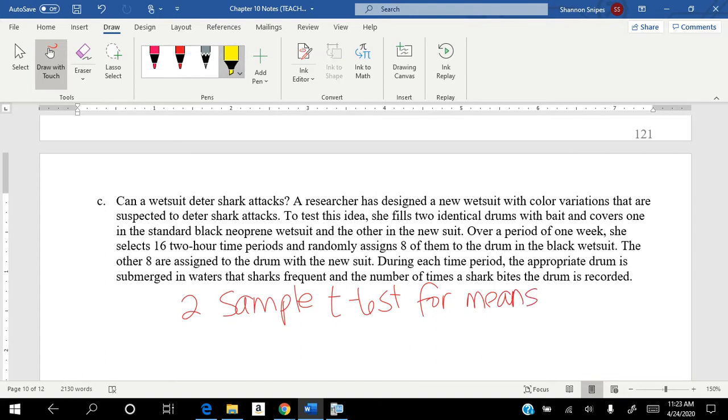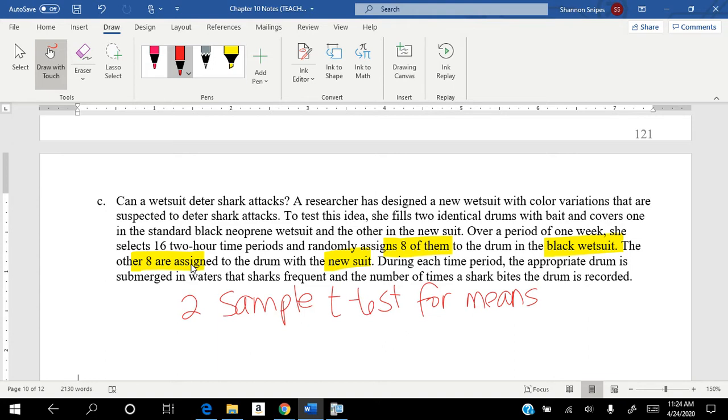So we do have 2 groups. We have 8 time periods of the black wetsuit. That's one of our samples. And we have 8 time periods of the new wetsuit, and those 8 different times would consist of your sample. So that would be a 2-sample t-test for means in that scenario.